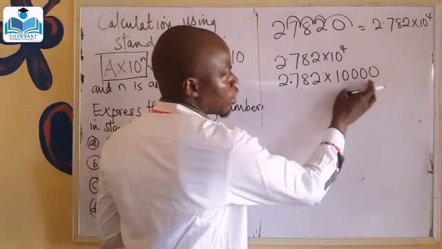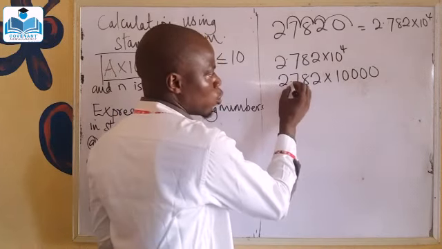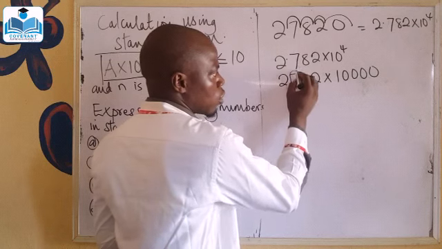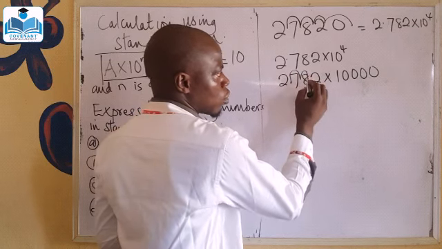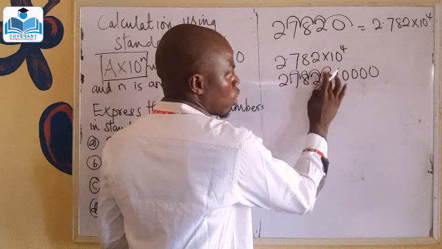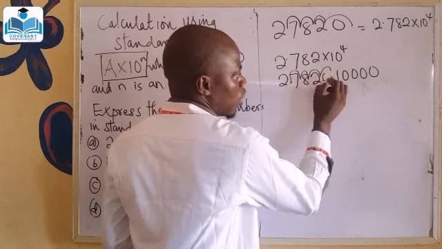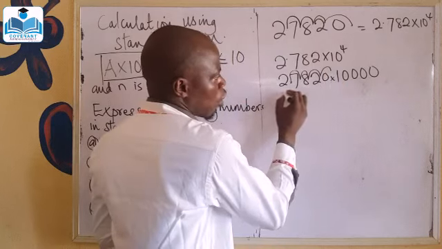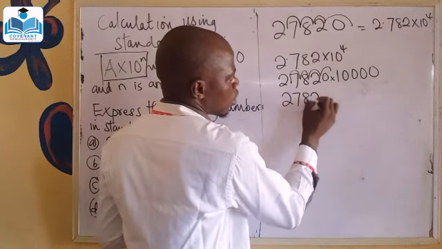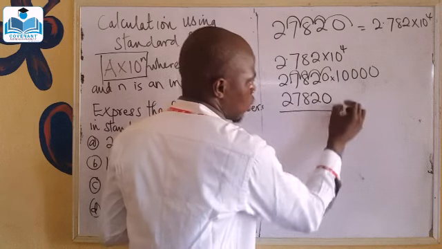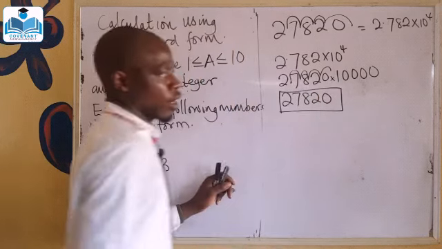You can see you're having 4 zeros here, so you have to move your decimal point 4 times to the right: 1, 2, 3, 4. In this case, you are having an empty space here, so you have to fill it with 0. So your answer becomes 27820 in ordinary form. Can you see that?